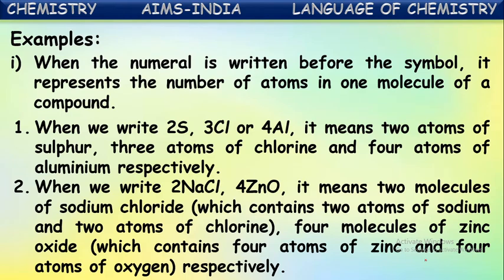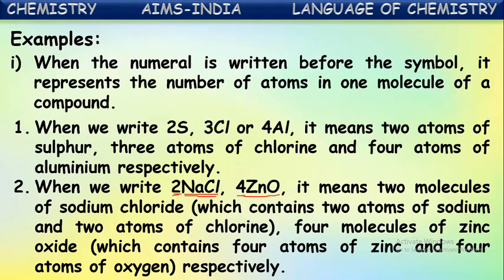When we write 2NaCl or 4ZnO, this means 2 molecules of sodium chloride. As we told, if any number is written in front of the molecular formula of a compound, here 2 is written in front of NaCl, that represents the number of sodium chloride molecules. 2NaCl means 2 sodium chloride molecules. 4ZnO represents 4 molecules of zinc oxide.